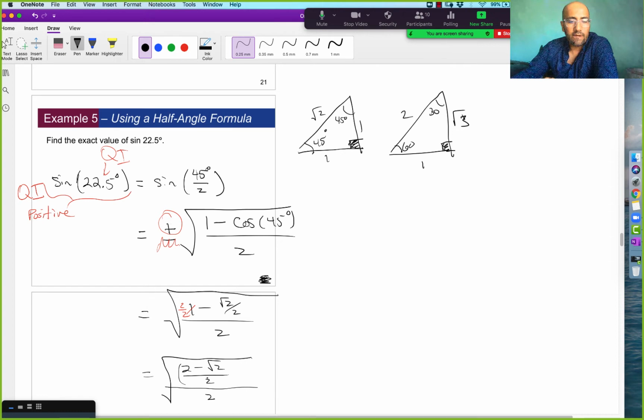So now think of it as a giant fraction, where the numerator is a fraction and the denominator is a fraction. So this is equal to (2 minus root 2) over 2 times 1/2. It's the numerator times the reciprocal of the denominator, and the whole thing is still inside that root.